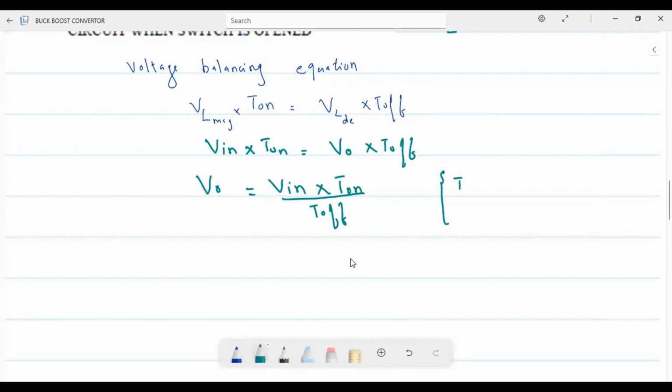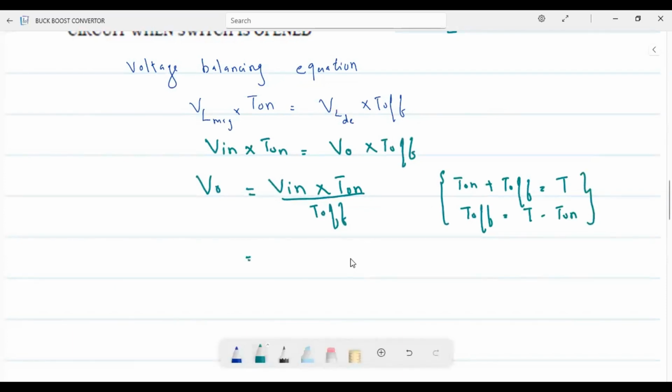Here T on plus T off is equal to the total time period T. So we need to take T off in terms of T on. So T off can be written as T minus T on.